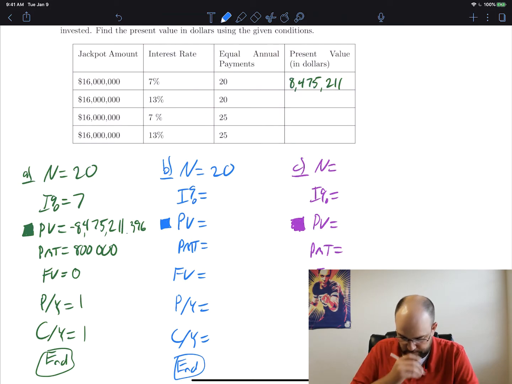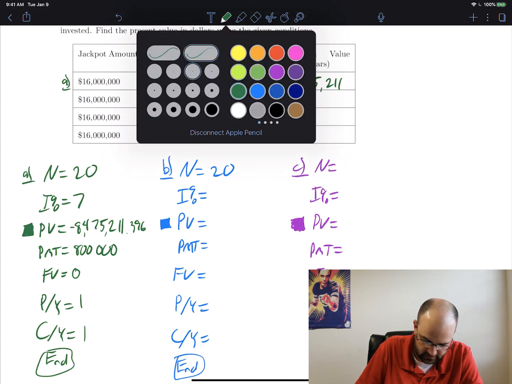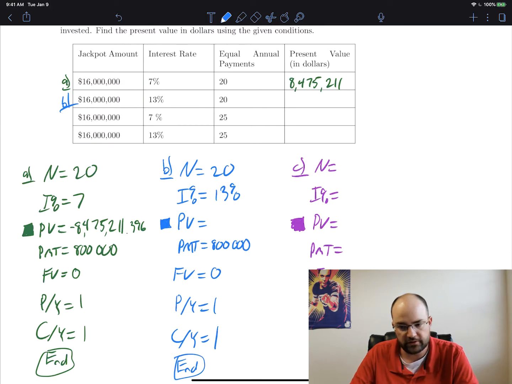For the next one, this first one is A here. The next one will be B. So for the I%, that's 13%. Present value we'll still find. The payments are still 16 million divided by 20, which is 800,000, and we're receiving those. Future value will be 0, 1, and 1. So the only thing that changes here is that the interest rate changes to 13%.